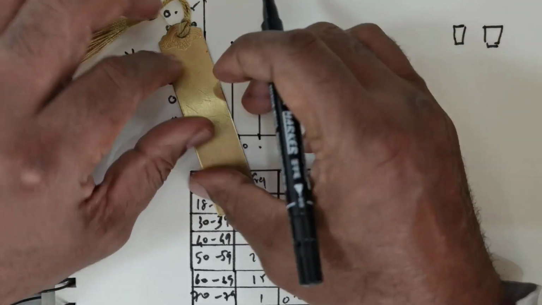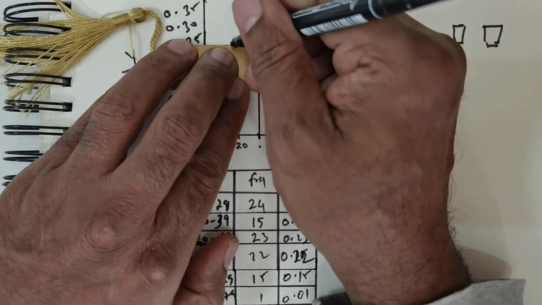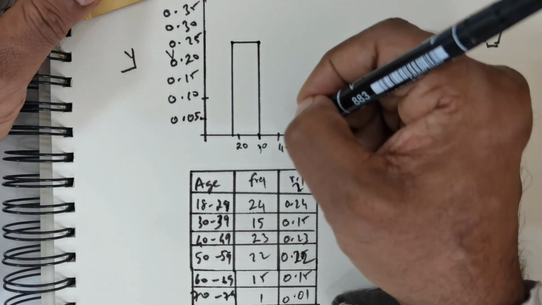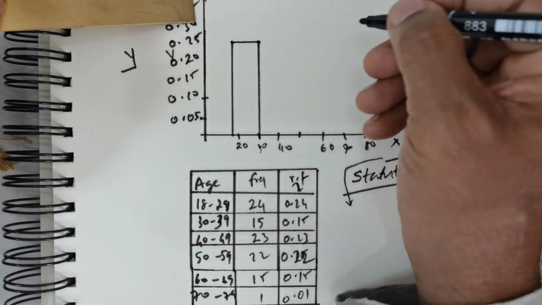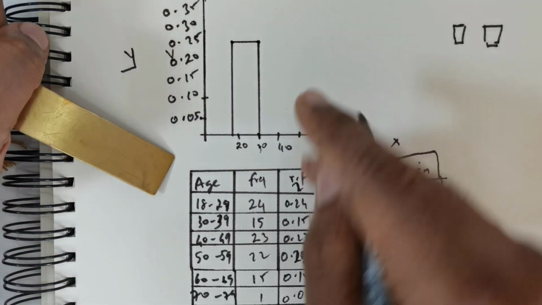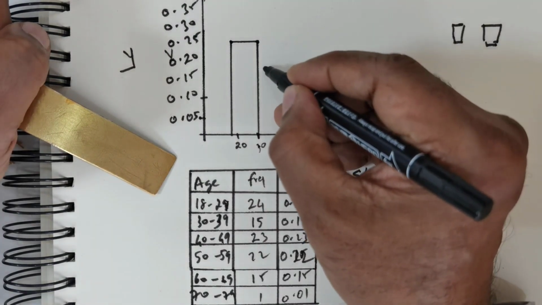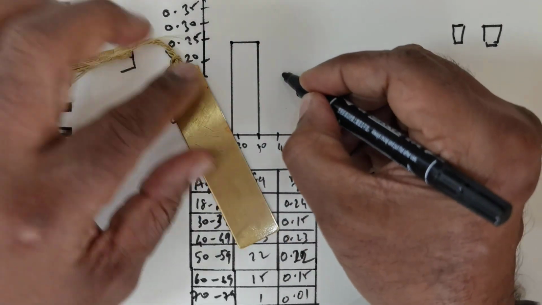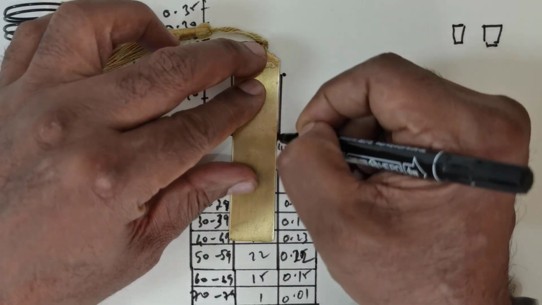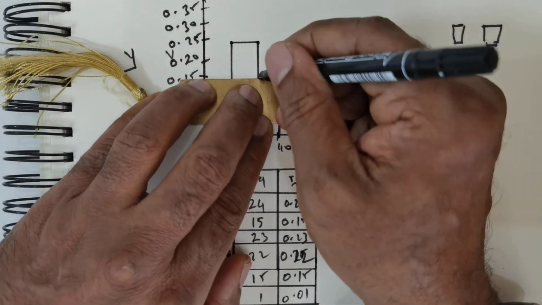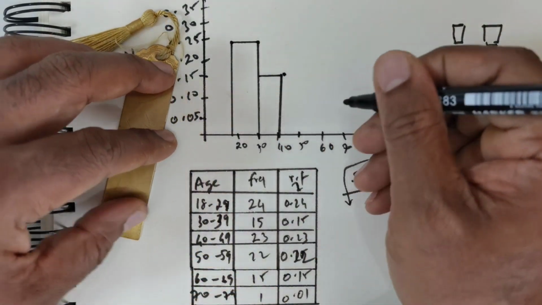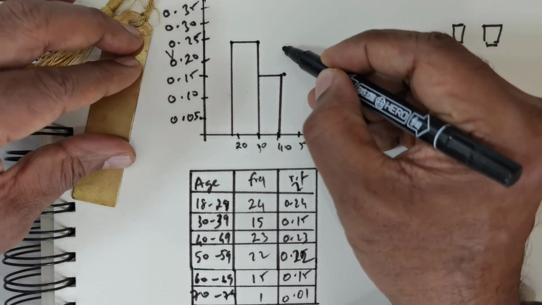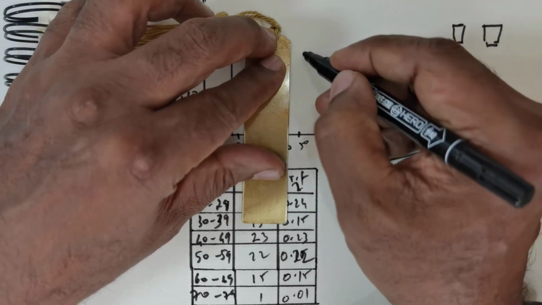Okay, the next division will be starting from 30 to 39. So in this case 30 to 40, that's going to be 0.15. So 0.15 is over here, right? So put the mark and draw the histogram. And 40 to 50, 0.23. 0.23 is over here. Okay.